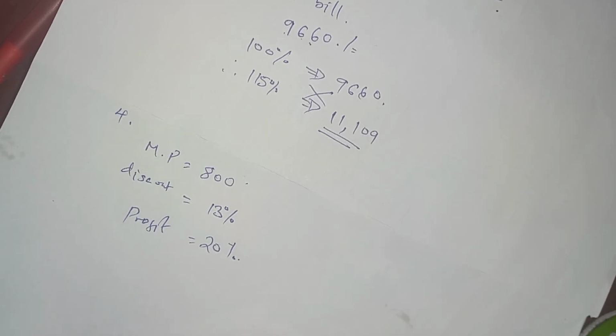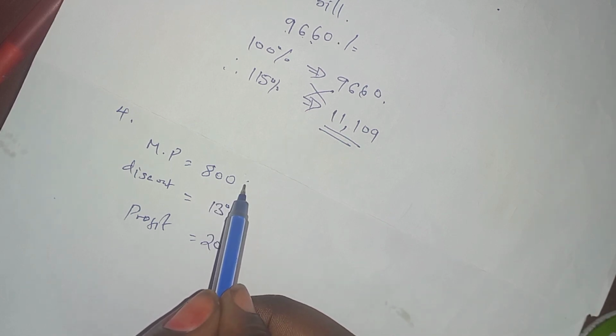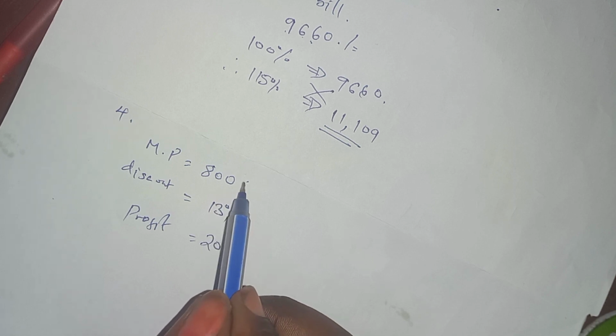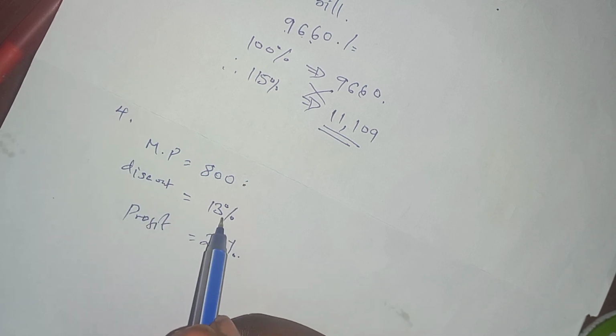So the marked price is 800. This shirt is sold to a customer after allowing a discount of 13%, and then the trader makes a profit of 20%.